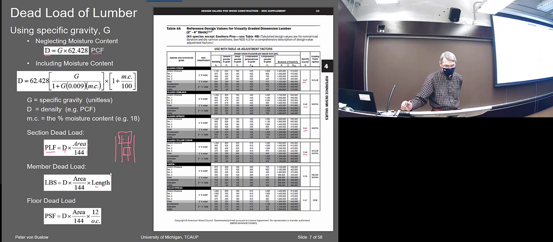To account for that, you have to average the joist out over a foot. So you take the weight of the joist, that would be the PLF of the joist, and then multiply it by 12 over the on-center spacing of the joist, and that would give you PSF for it.